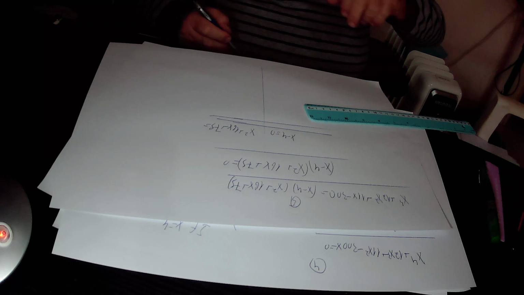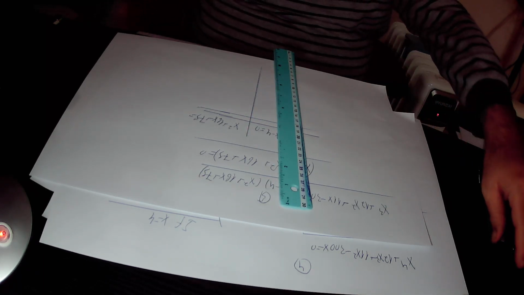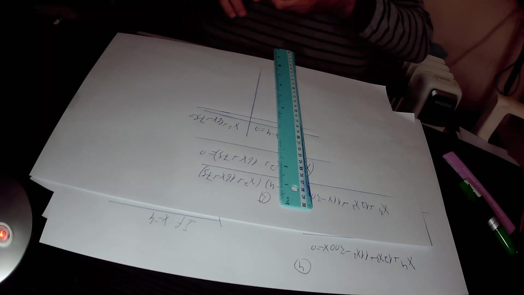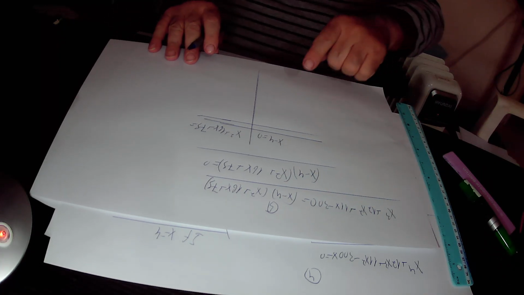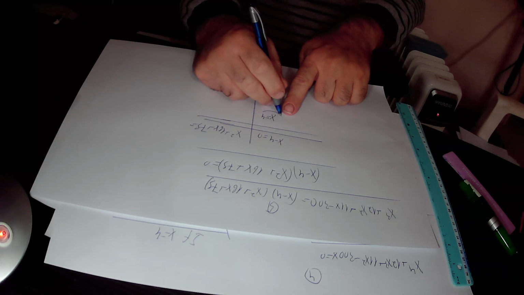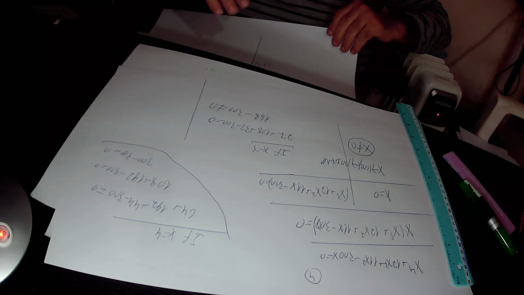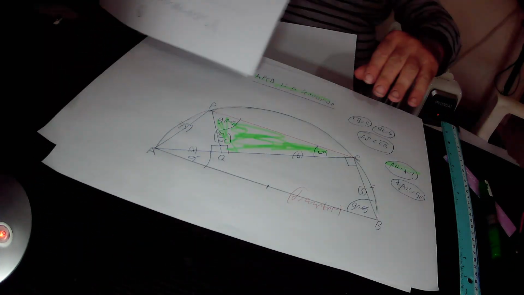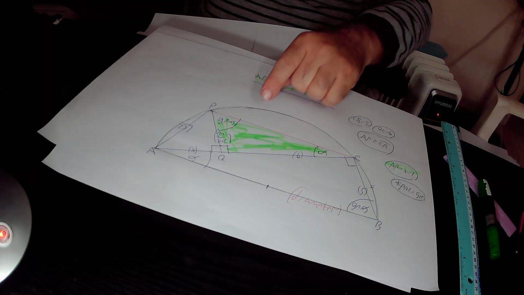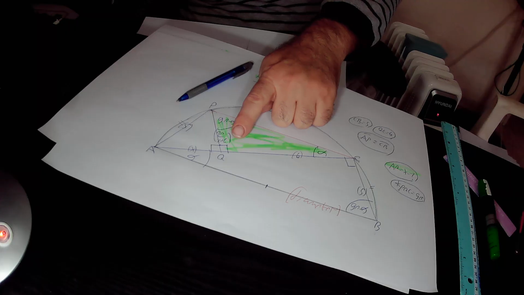So we have two possible solutions for this equation. If x minus 4 equals 0, then x equals 4. So the first solution is that x equals 4. That is to say, the length of this line segment AQ equals x, which is 4 units.